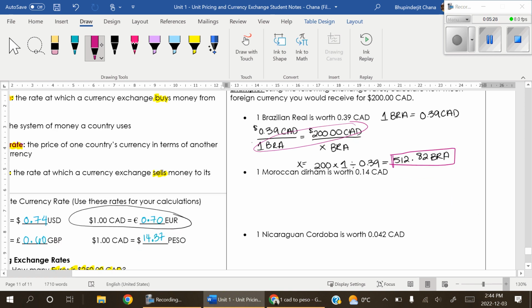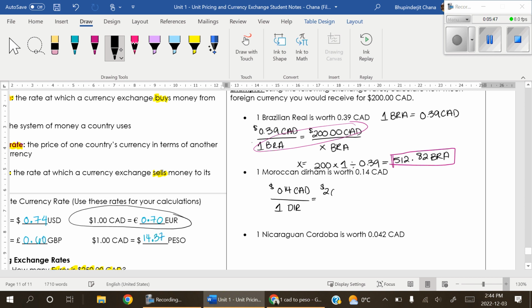1 Moroccan dirham is worth 14 cents Canadian. Okay, so I'm going to say 14 cents Canadian over 1 dirham equal to $200 Canadian divided by X dirham.